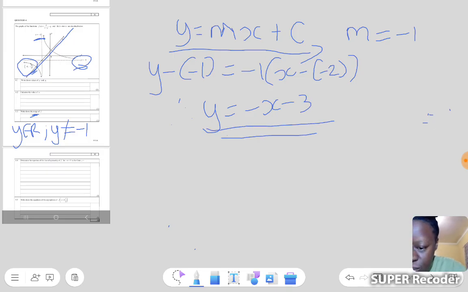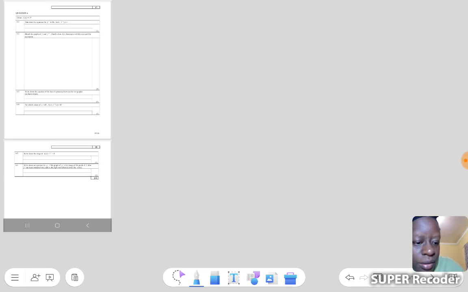So let's go to question 6. Our question 6 is the inverse. Whenever we are dealing with the inverse, know that we have to have some of the equations that will be the inverse and everything along the way.